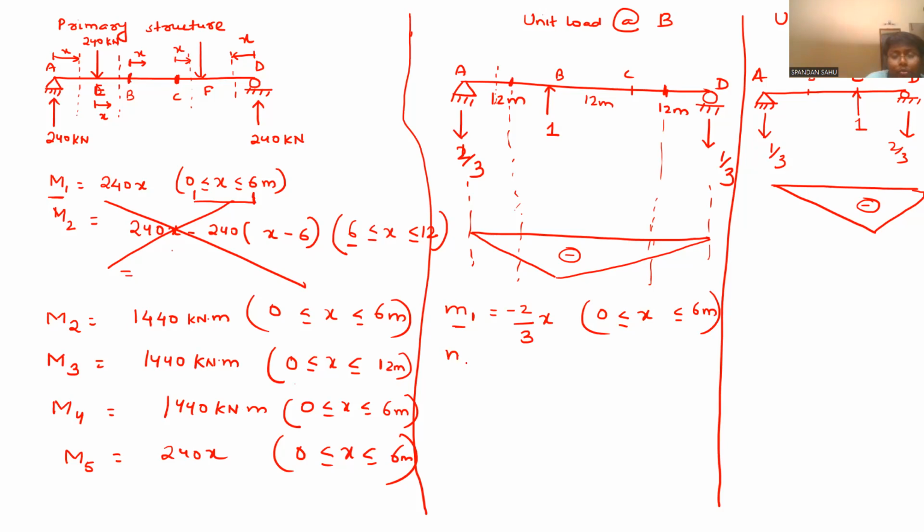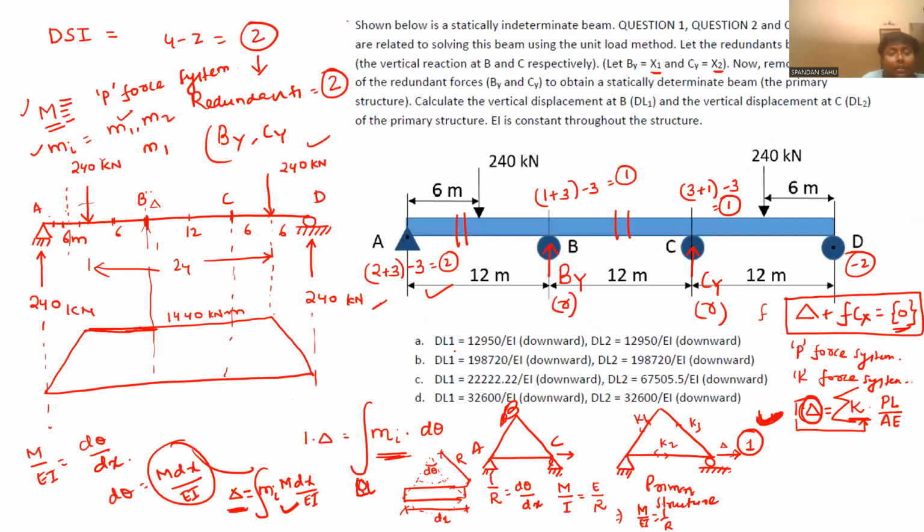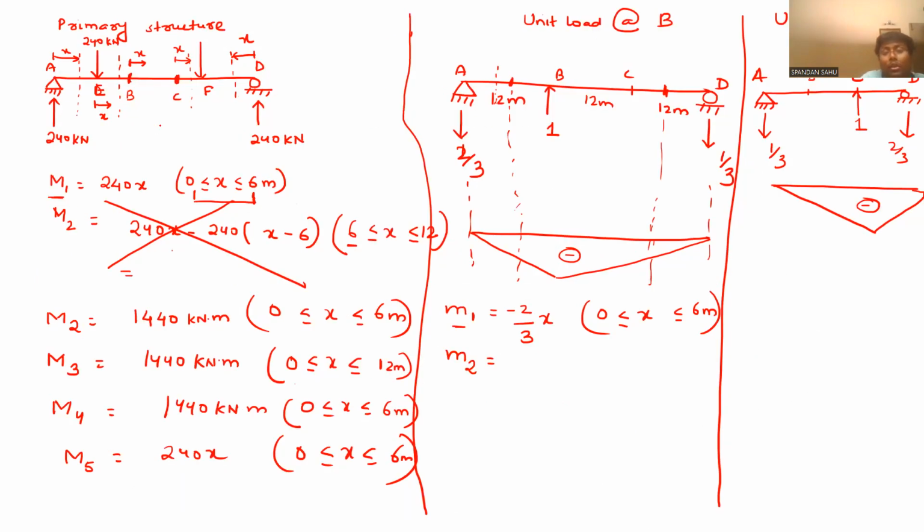Now write M2. These M1 and M2 are not those M1 and M2. These are from section to section, like from A to E. This small m1 equation holds good there.